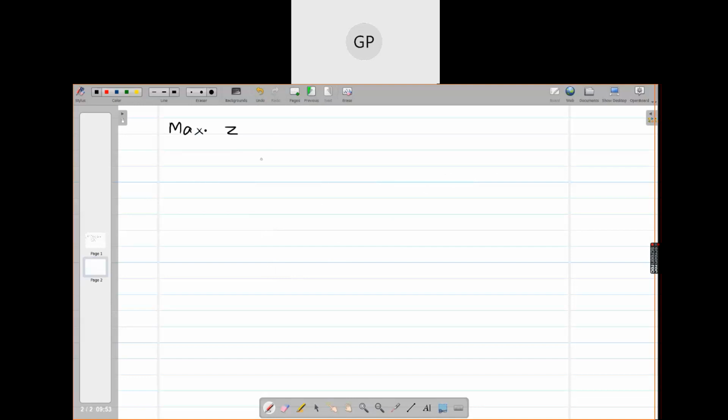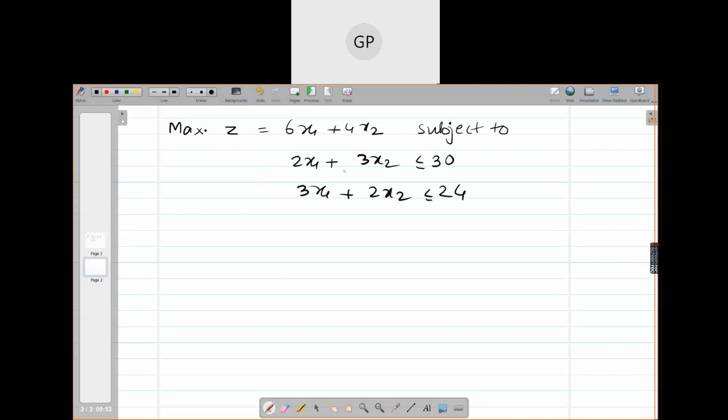Maximize z equal to 6x1 plus 4x2 subject to 2x1 plus 3x2 less than or equal to 30, 3x1 plus 2x2 less than or equal to 24, x1 plus x2 greater than or equal to 3, and x1, x2 greater than or equal to 0.